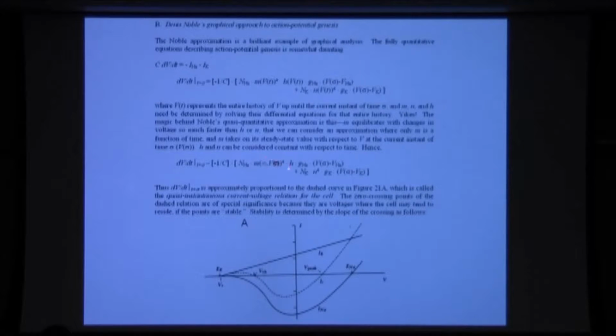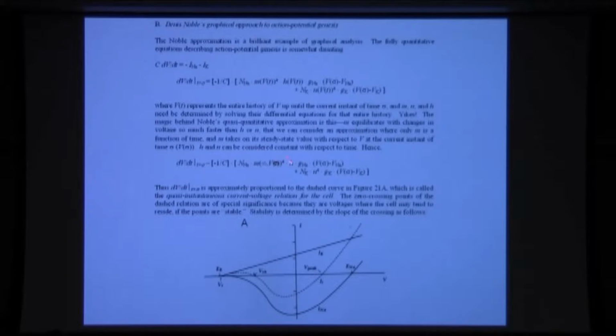So instead of integrating a differential equation, let's just say that the value of M for values of V that move around whatever value we're at would be given by the instantaneous steady state value of M. So M steady state, M infinity, as a function of voltage. You change V, M changes, and it changes in a simple way.